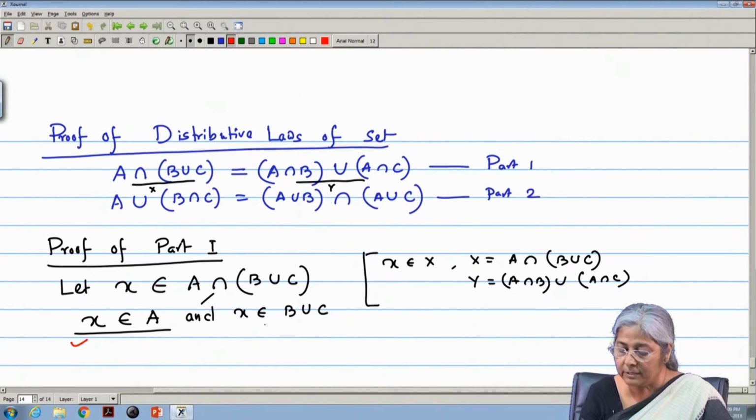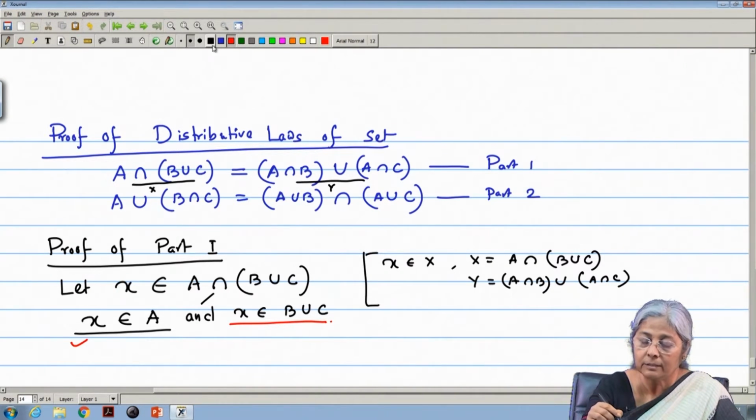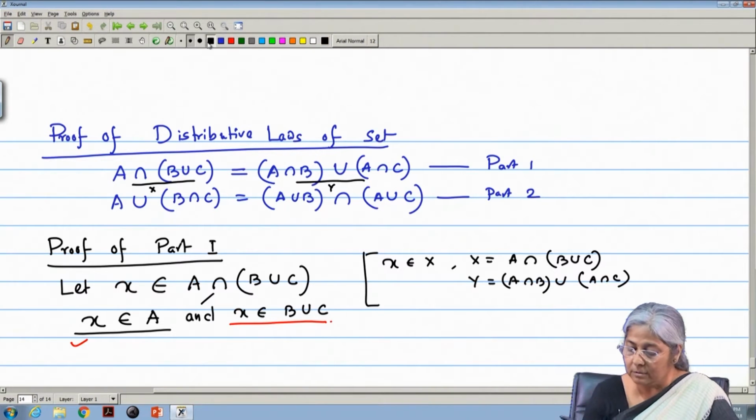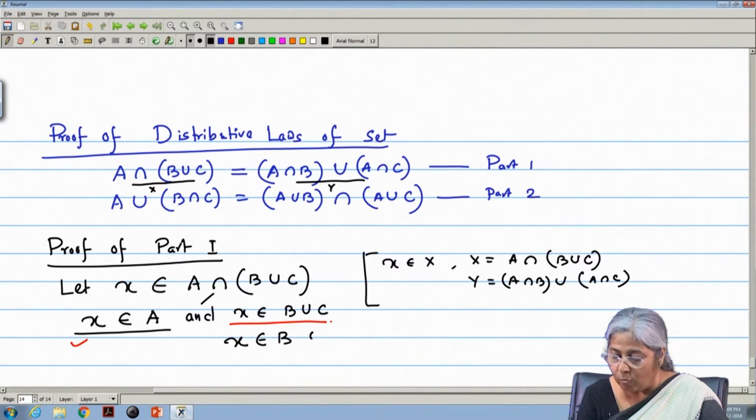Now, from x belongs to B union C, what can we write? It means that x belongs to B or x belongs to C.